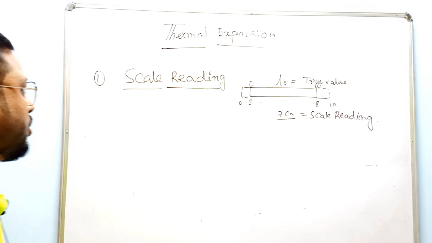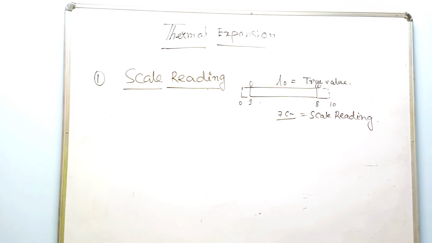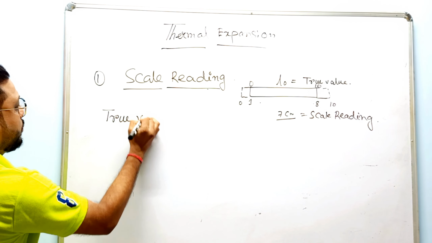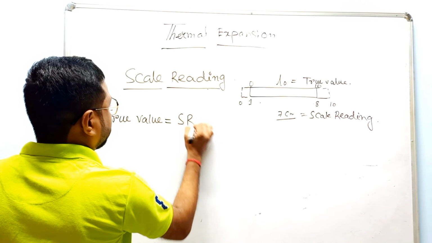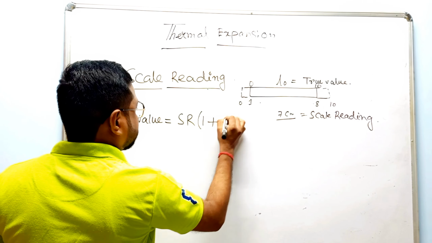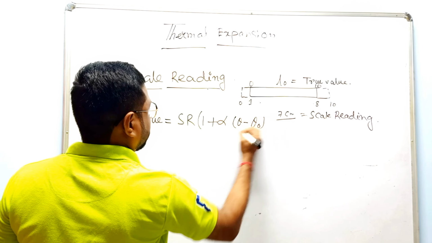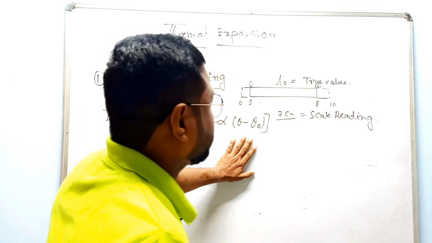So true value equals scale reading, SR means scale reading, times 1 plus alpha (theta minus theta 0). Theta 0 is the initial temperature.